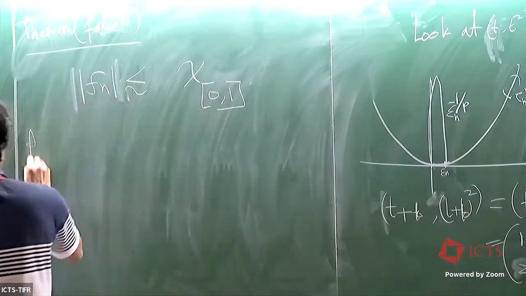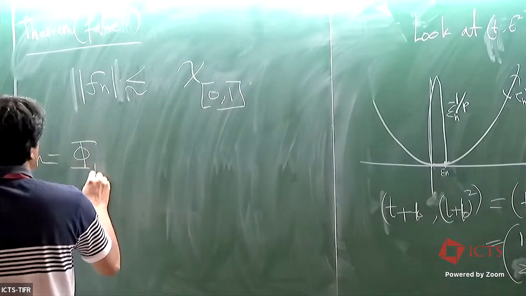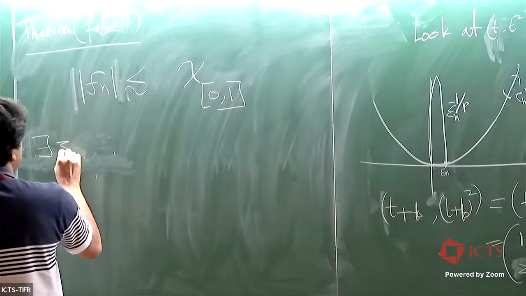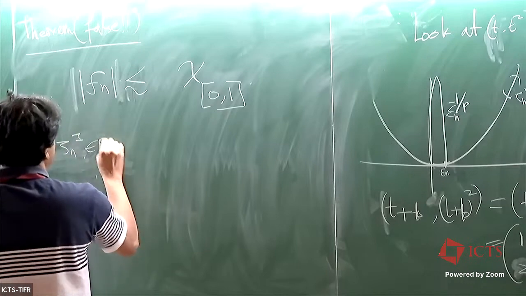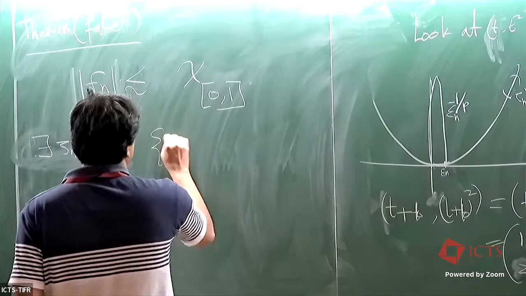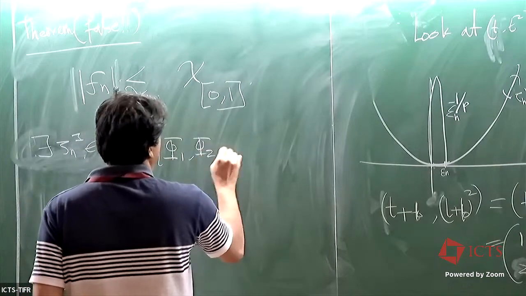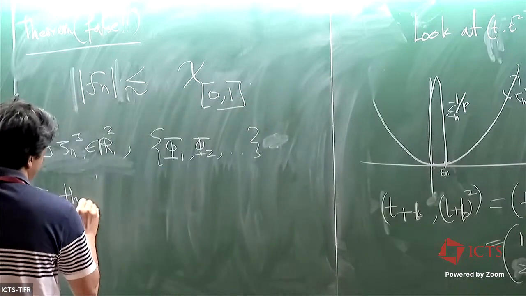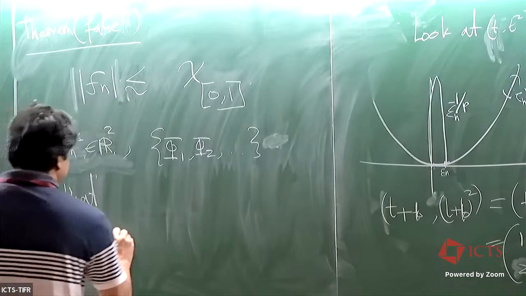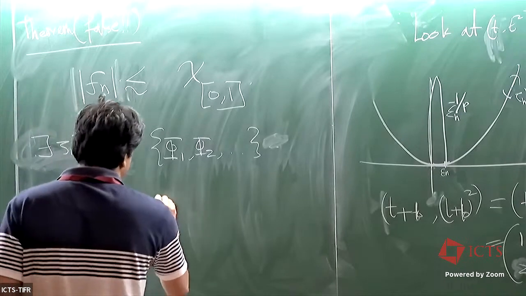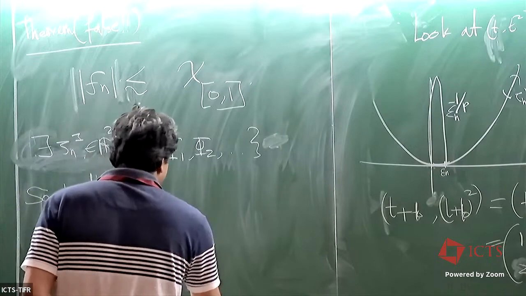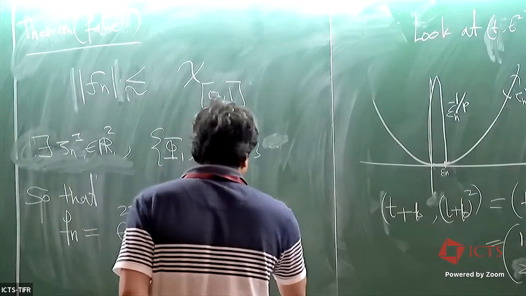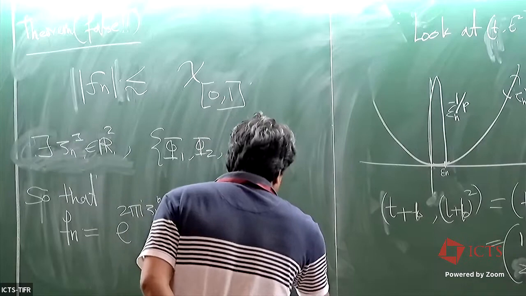Then there exists a set of frequencies zeta_n in R^2 and a fixed set of profiles phi_1, phi_2, and so on, so that we can write each f_n as e to the 2 pi i zeta_n^1 dot gamma(t) times phi_1 plus e to the 2 pi i zeta_n^2 dot gamma(t) phi_2 and so on.